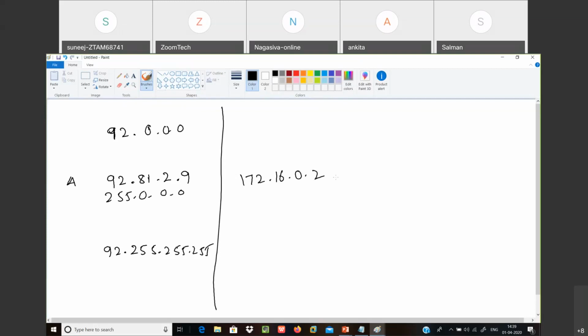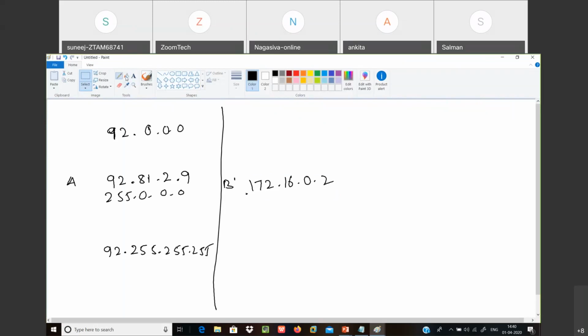The next question is 172.16.0.2. Which class IP address does it belong to? Class B, right? So for a class B IP address, what will be the network ID of this IP address? Still a few people are getting confused.